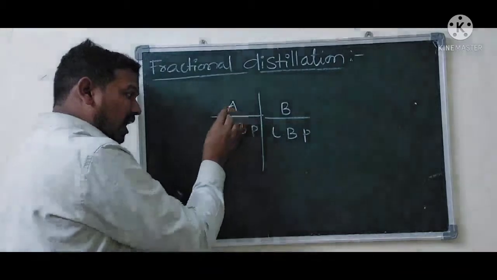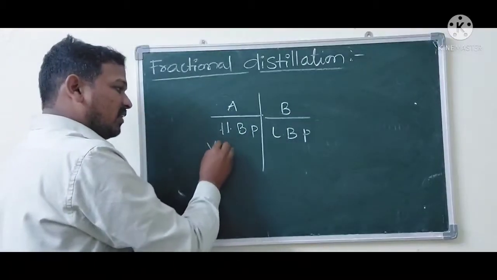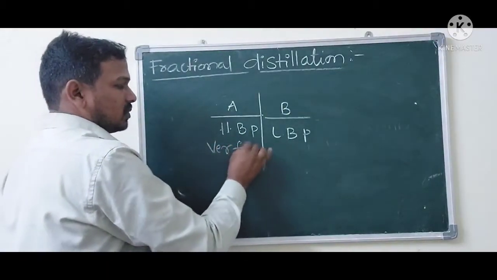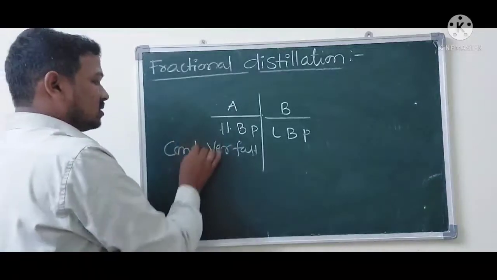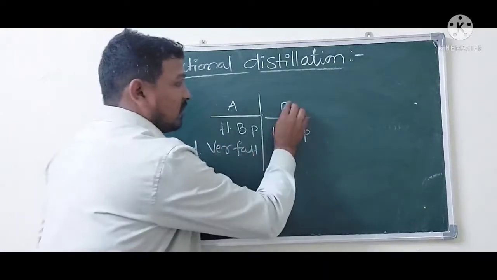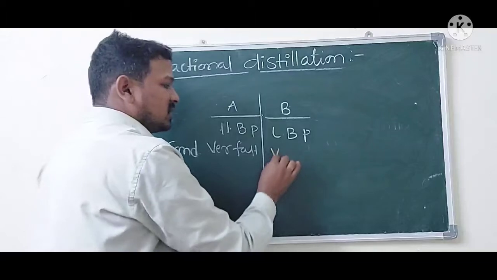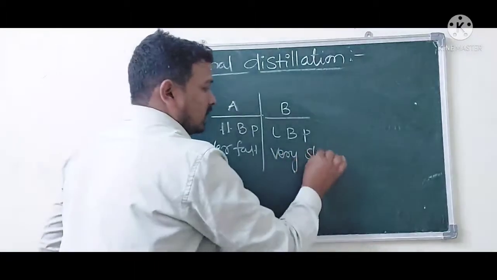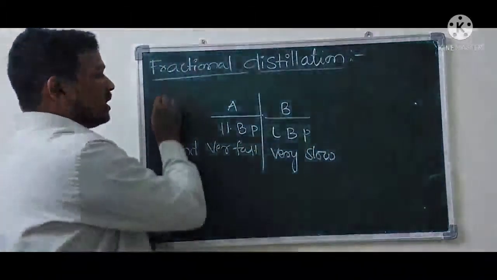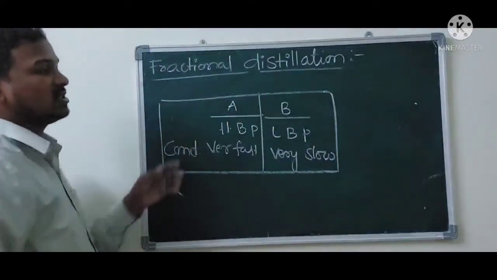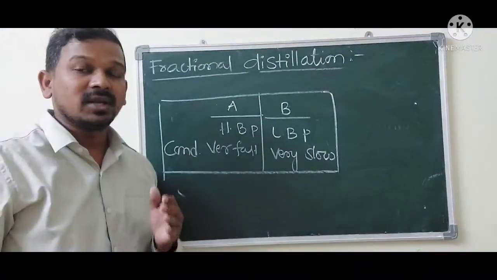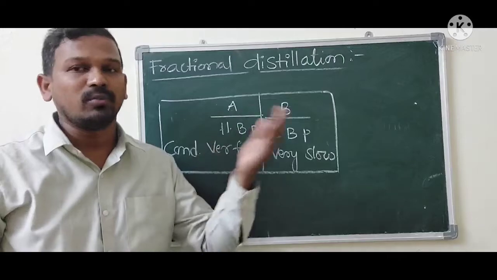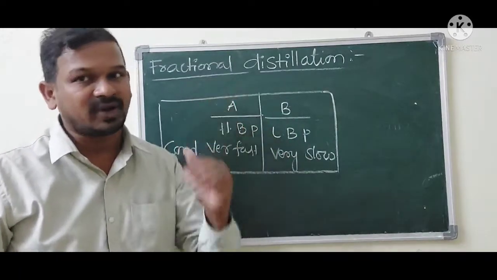Then liquid A will condense very fast, whereas liquid B will condense very slowly. This point is very important in the fractional distillation process. The liquid which has the high boiling point will condense very fast.